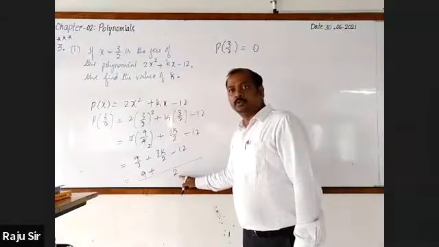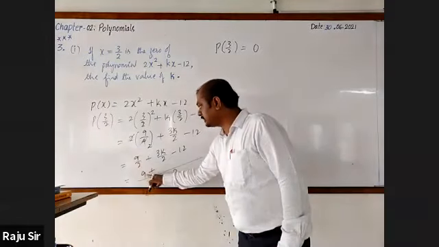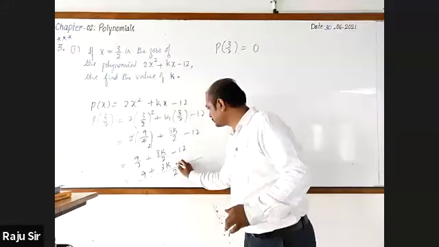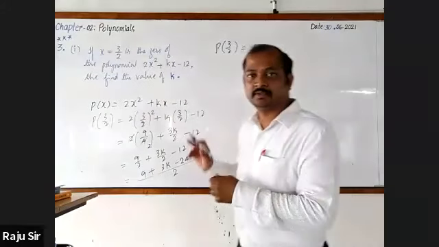LCM is 2. I'm multiplying LCM with the first term, 2 gets cancelled, 9. With the second term, 2 gets cancelled, you will get 3k. Next, multiply 2 with minus 12, it becomes minus 24. Like terms, minus 24 plus 9 is minus 15.